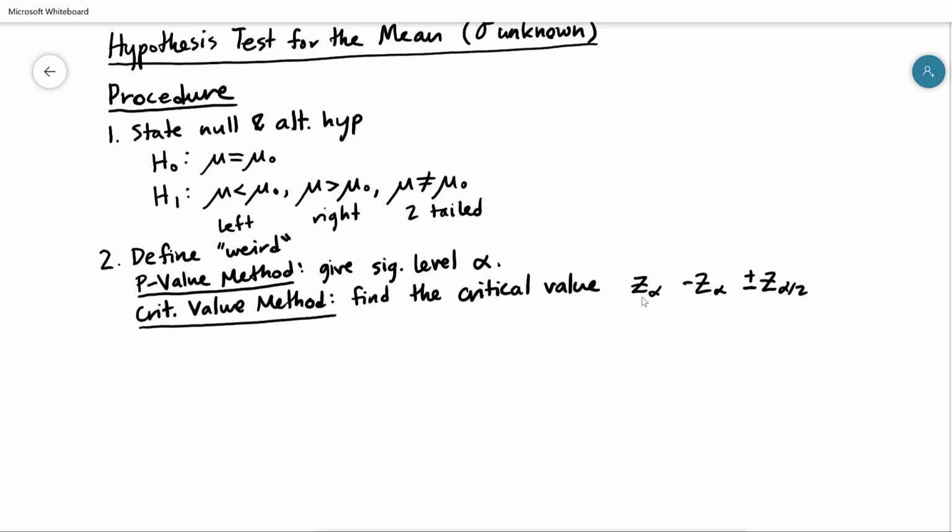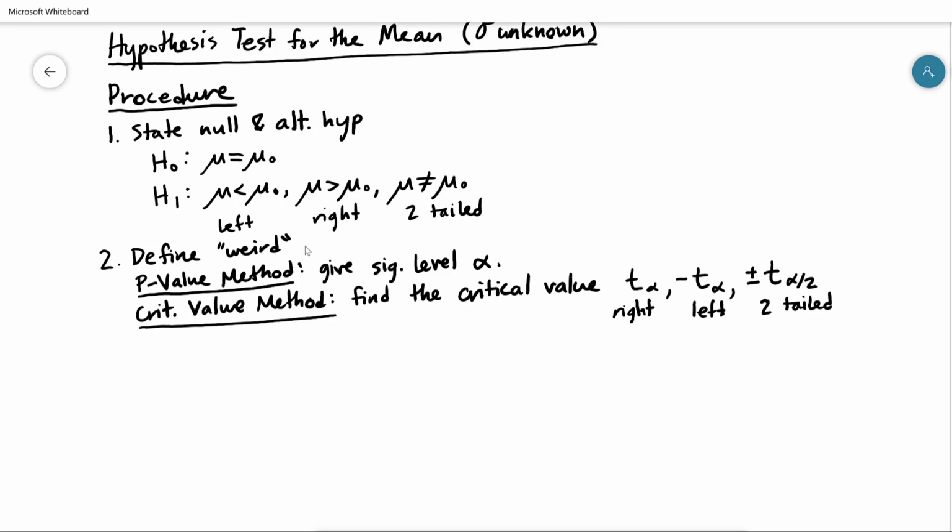And this means we'll no longer be following a normal distribution, but instead we'll be following a t-distribution. So I need to replace all of these. These shouldn't be z's anymore. All of these need to be t's. So the critical value will be either t sub alpha, negative t sub alpha, or plus or minus t sub alpha over 2, again depending on whether we are right, left, or two-tailed.